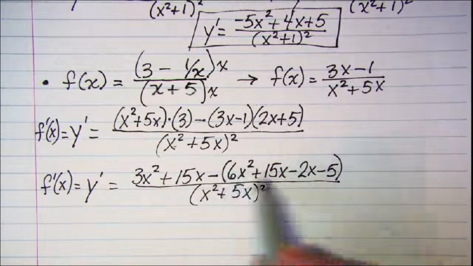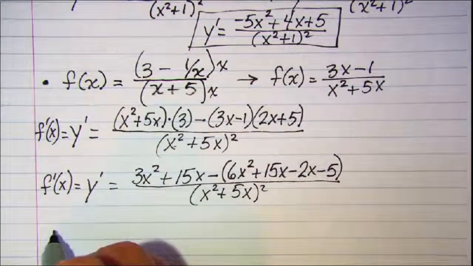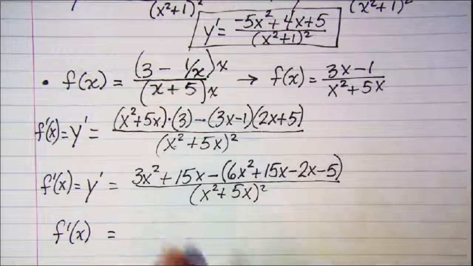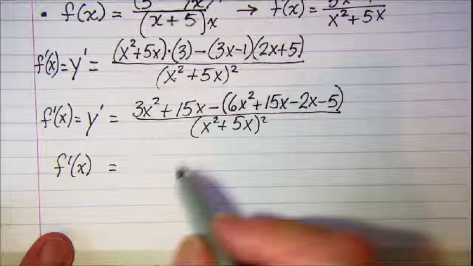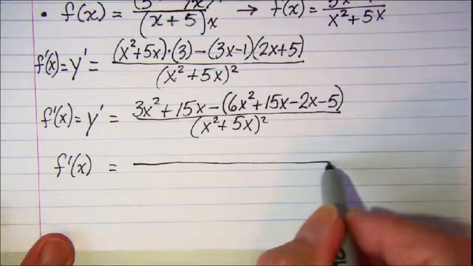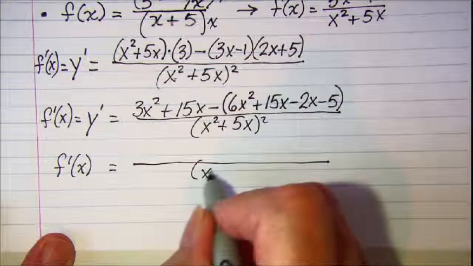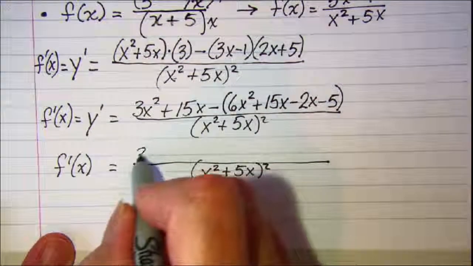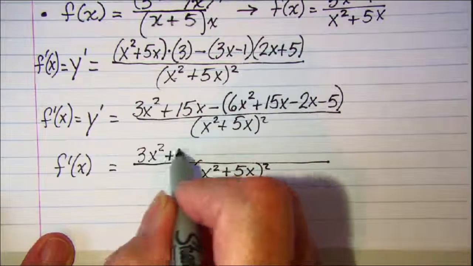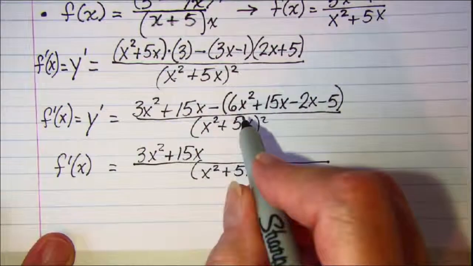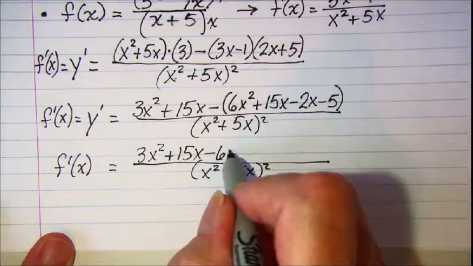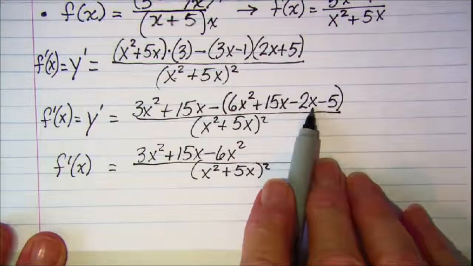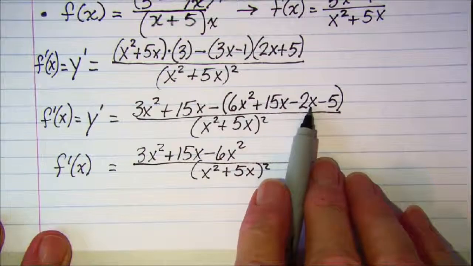Now let's distribute this negative. I'll copy the other. Be a negative 6x squared. These two combine to give me 13x.